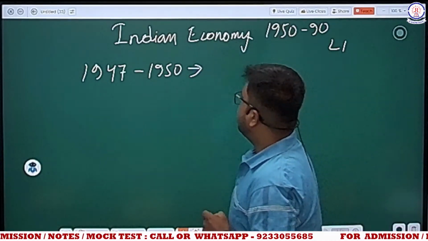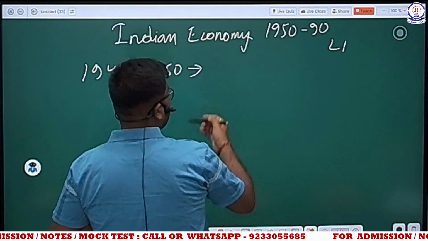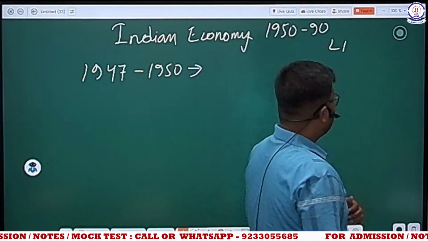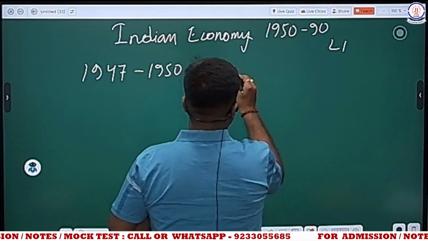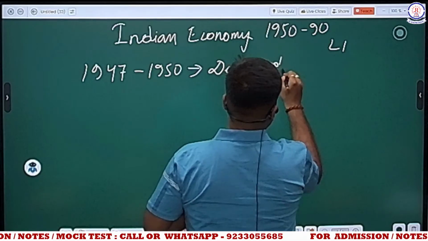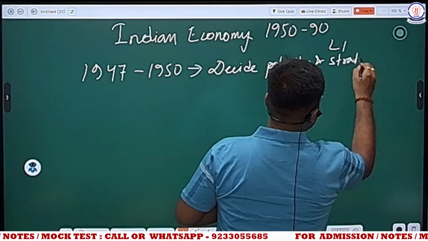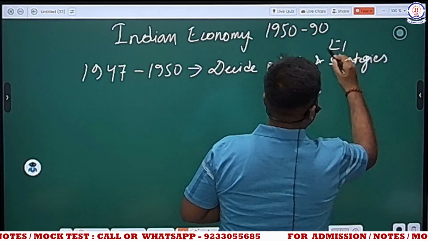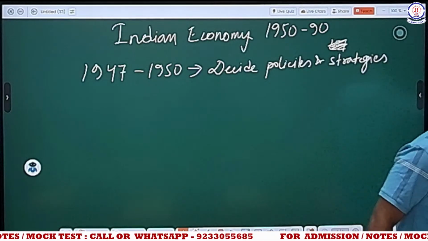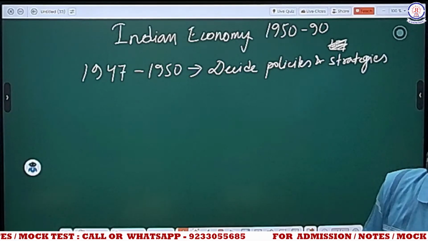So during that time, the main duty of the government was to decide policies and strategies that are to be followed by the newly independent nation.